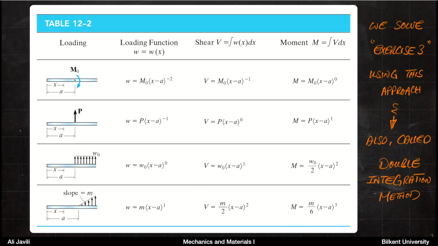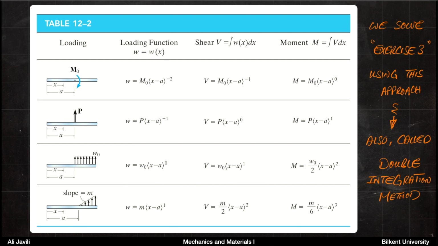Because you remember that if you now integrate your distributed load, you get your shear force. And then you can integrate the shear force and you get the moment. And obviously, at this point, you remember the idea here always is EI V double prime equals M. So you want to have M so that from that you can calculate the deflection later. All right, so the last row makes perfect sense.